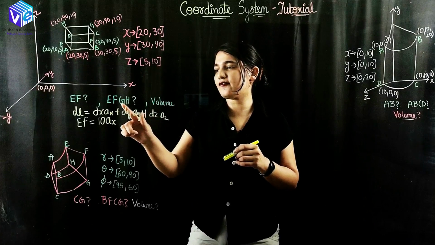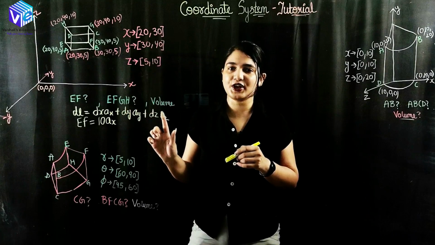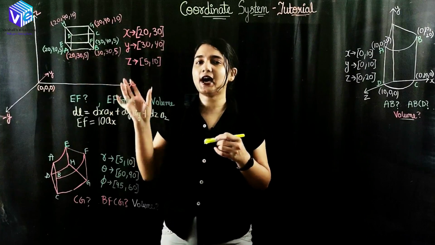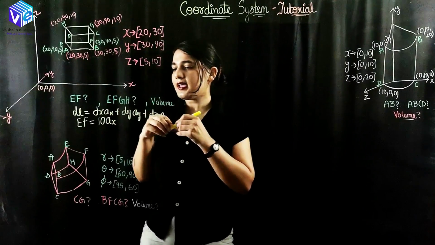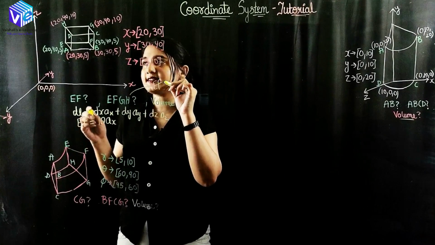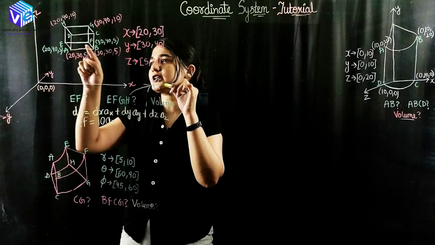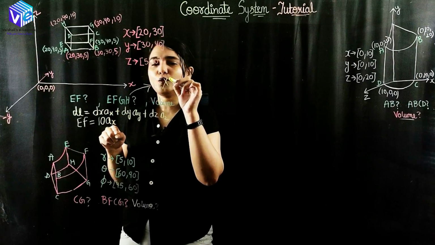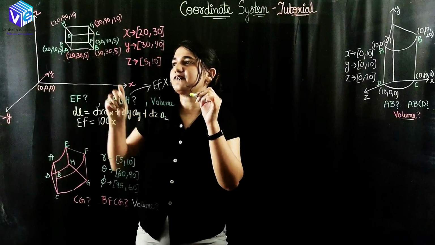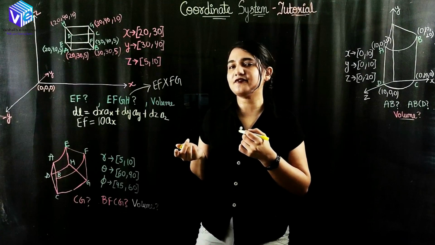Now the next thing I have to find out is the area EFGH. How can I find out the area? Area can be easily found out by multiplying the first axis with the second axis, if I know what is EF and what is FG. So EF multiplied with FG will give me the area EFGH.